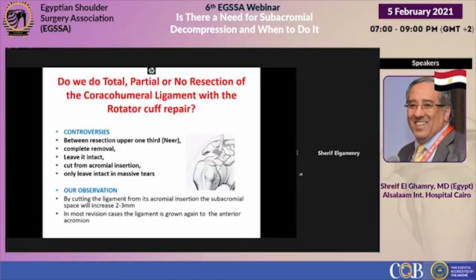We monitored during arthroscopic decompression that cutting or detaching the ligament from its acromial insertion will increase the subacromial space 2 to 3 millimeters. And we observed in most decompression revision cases that the ligament has grown again to the anterior acromion. So we described that as an indirect lengthening of the ligament.